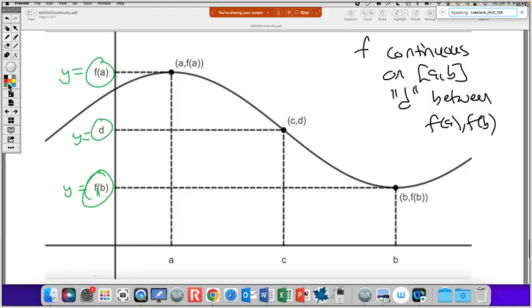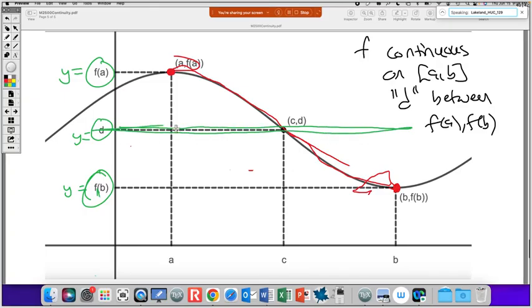What does that mean graphically? That means that we're going to start at this point and we're going to end at this point. And since f is continuous, you can draw that graph without picking up your pencil. You follow? So I'm going to draw this graph without picking up my pencil. So the intermediate value theorem says if you pick any intermediate y value, here's the intermediate y value.